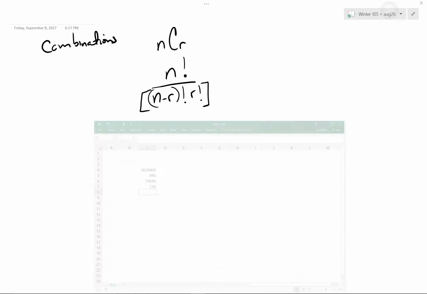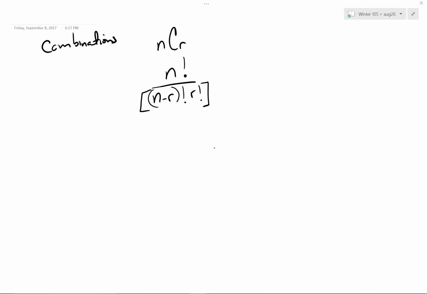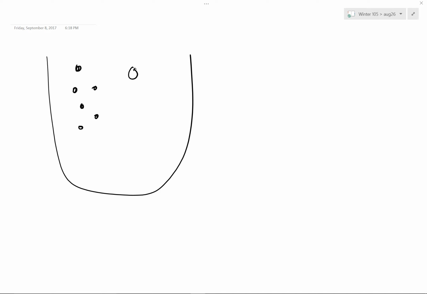Now, in general, you're wondering what we use these for. Well, we use them frequently for problems kind of like this. These are all the same size marble.